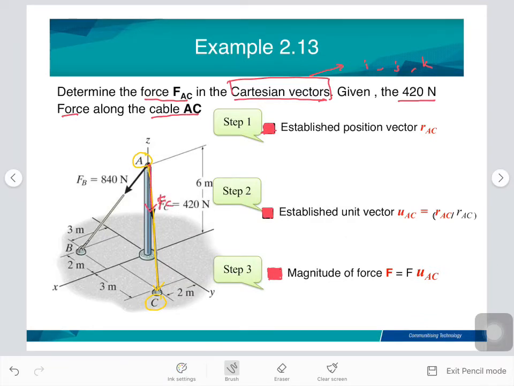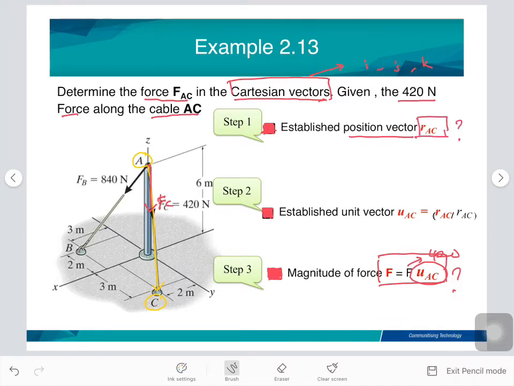Here we can apply the method of force vector directed along a line. It's given that the force F is equal to the magnitude of F, given here as 420, multiplied by the unit vector AC. So how to do that? The first step, we need to establish the position vector, the position vector RAC.